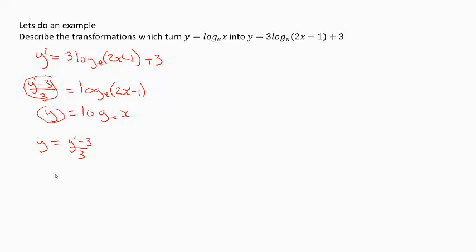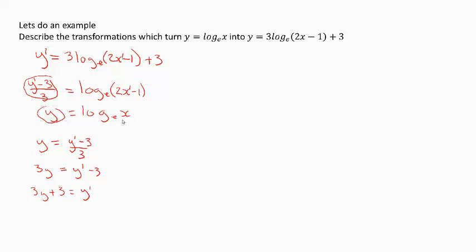Now I want to know, what have we done to the old y? Well, I'm going to times it by 3, and so 3y plus 3 equals the transformed or the new y.